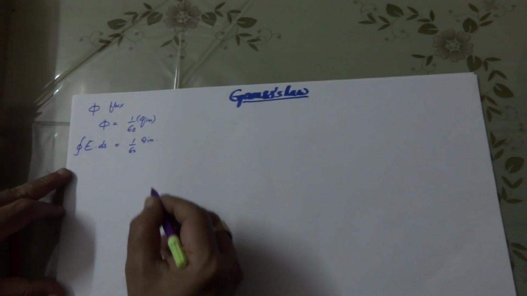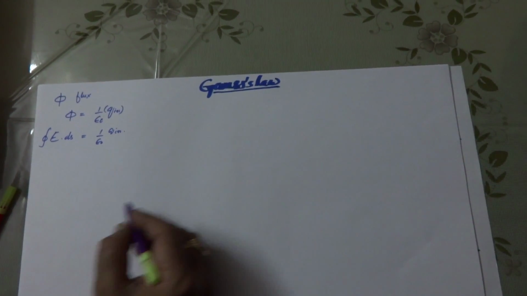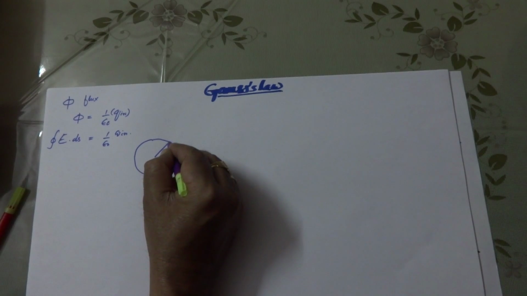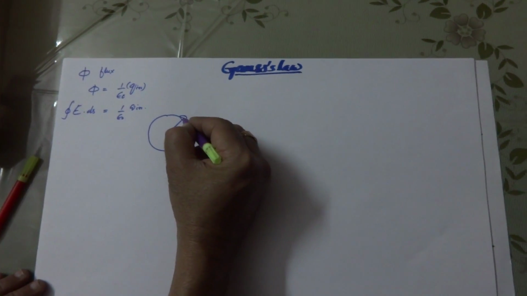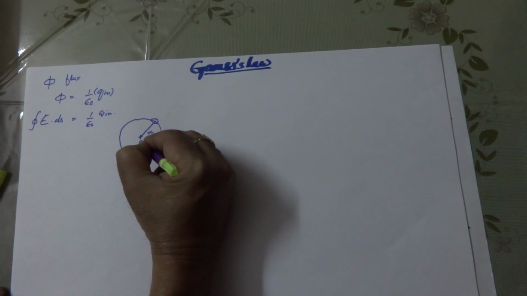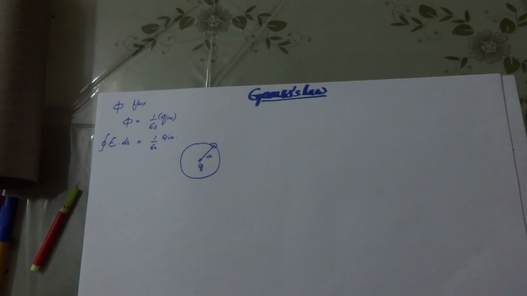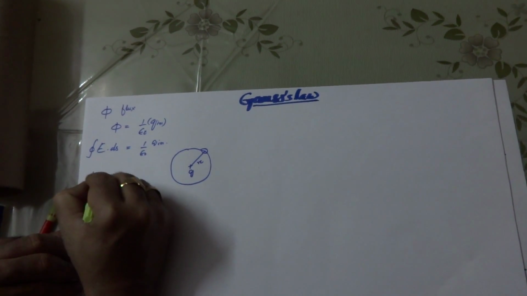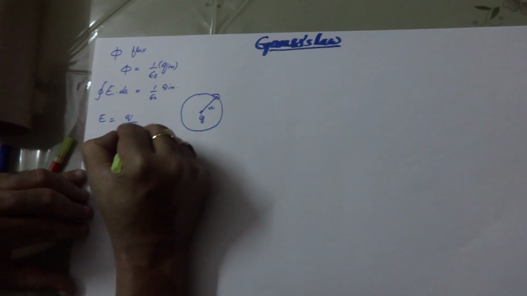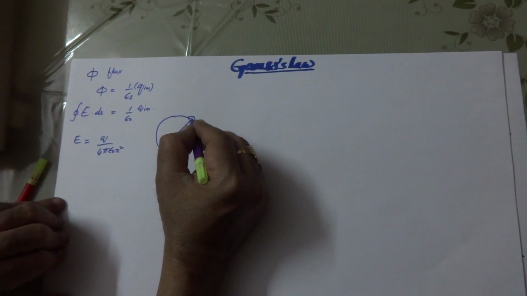Now to prove this, if you take a sphere of radius r and a small area s, and at the center, suppose a positive charge q is there, then we know that the electric field E is equal to q by 4 pi epsilon naught r square at any point on the surface of the sphere.